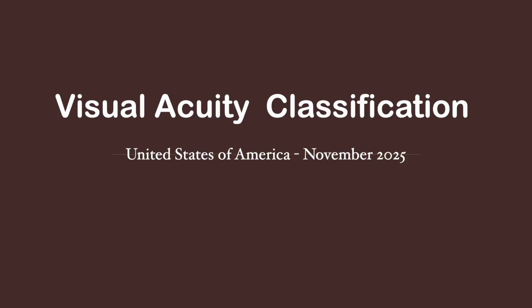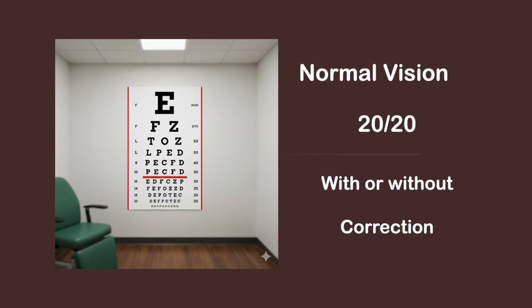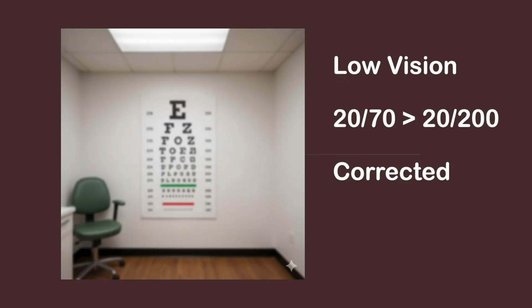Visual acuity classification as per the United States of America as of November 2025. 20/20 is considered normal vision with or without corrective lenses or surgery. The visual acuity for low vision ranges from 20/70 to just below 20/200, corrected in the better eye.